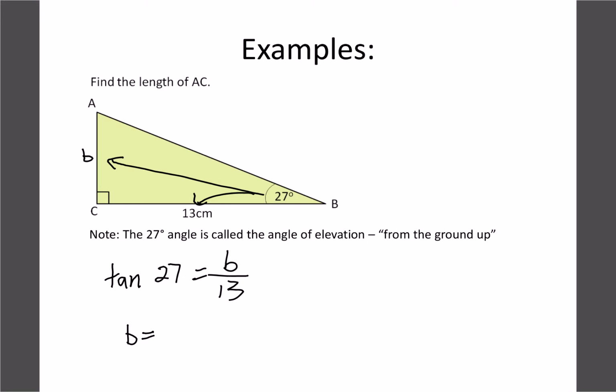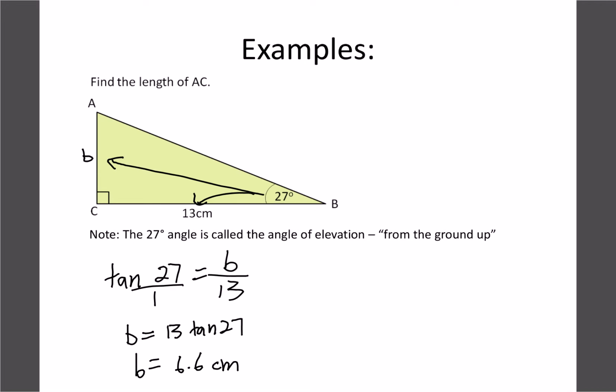So to solve this, we just cross multiply. So B times 1, which is just B, would equal 13 times tan 27. So just type that in on your calculator, and we get an answer of 6.6, and it'd be centimeters because it's the same units as the other side.